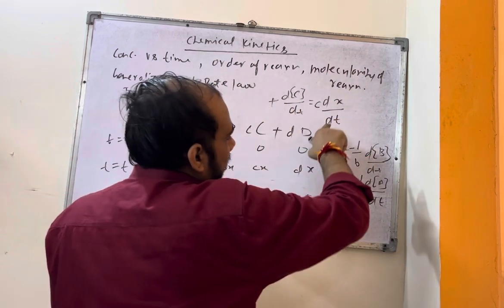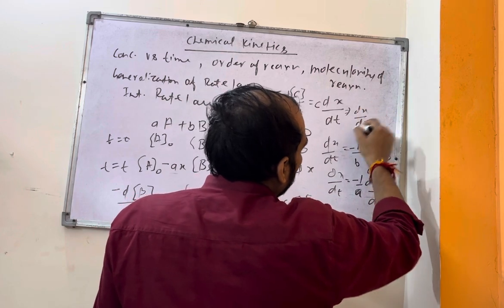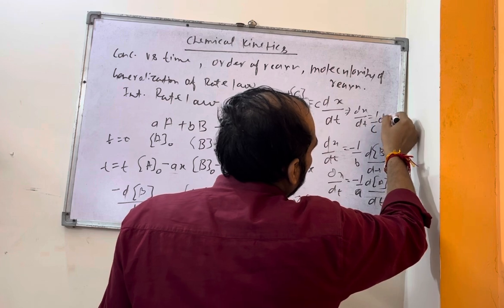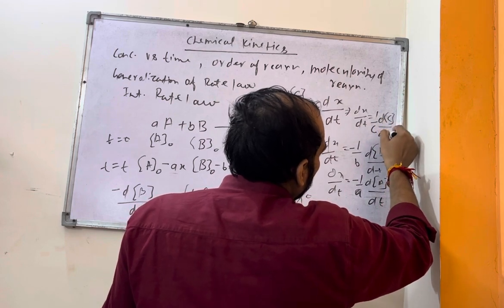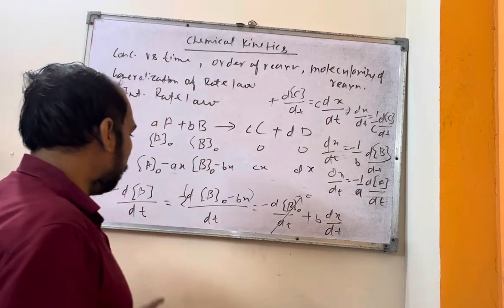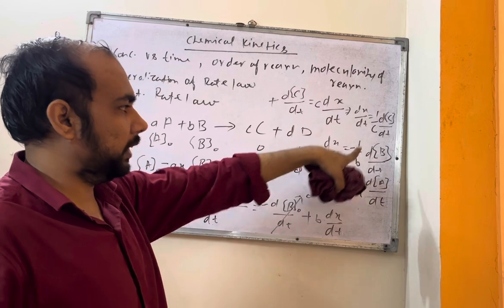So dx by dt will be equal to 1 by c dC by dt. Now we'll equate all these dx by dt terms.